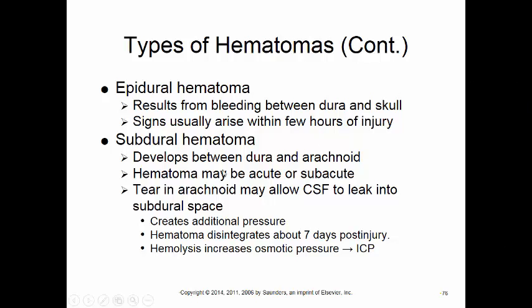The subdural is in between the dura mater and the arachnoid mater. It can be acute, which means it's showing signs and symptoms, or it can be subacute, where you don't know anything's happening. It's below that threshold. And if it tears, the cerebrospinal fluid may leak into that space and cause additional pressure.